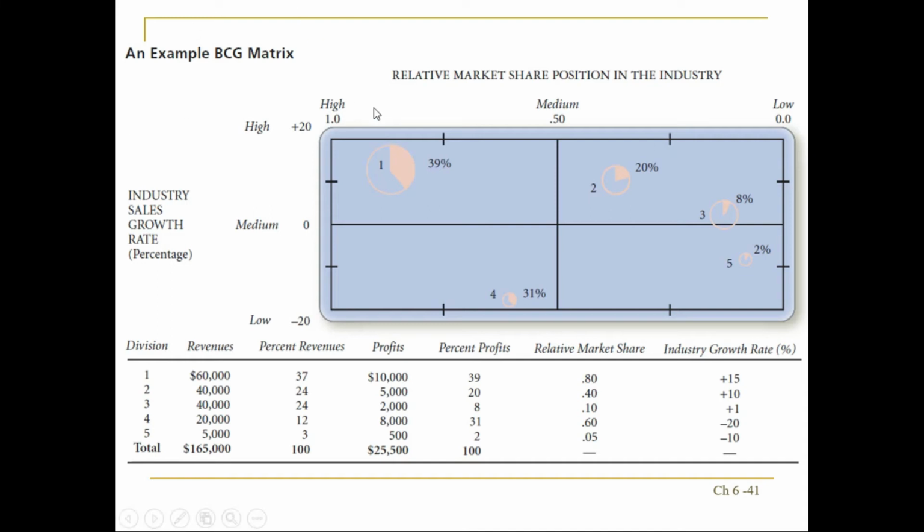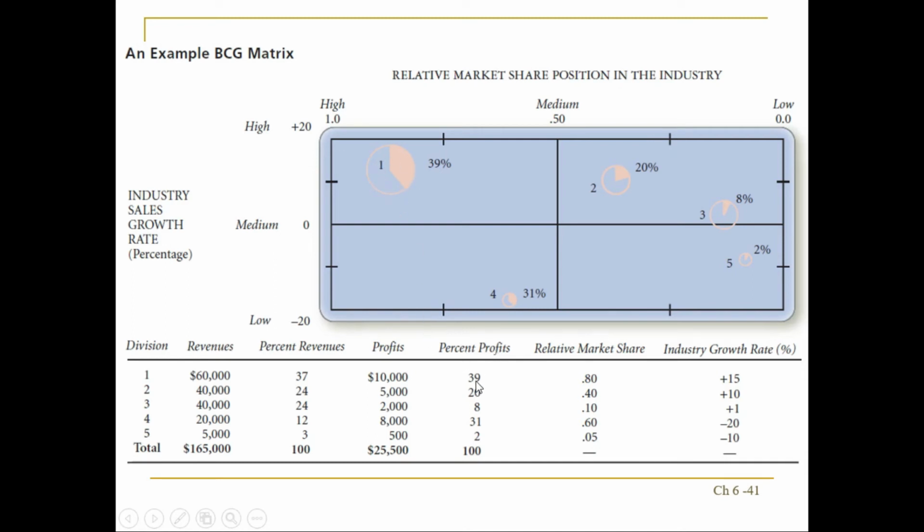Your relative market share is 80%, so that 80% is showing here close to the 1, and it is coupled with this growth rate of 15%. So that is 15% of industrial sale growth and 80% relative market share. So you lie on that particular point, and the size of the circle is your percentage profit.